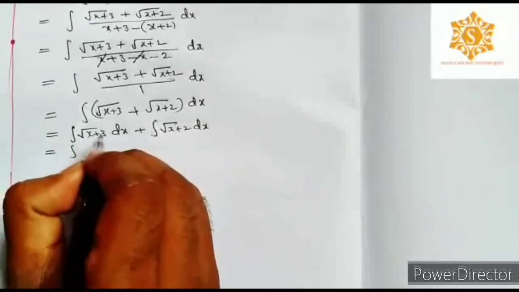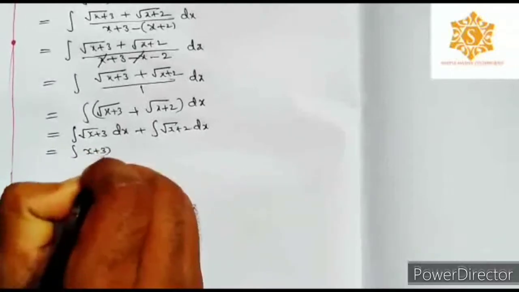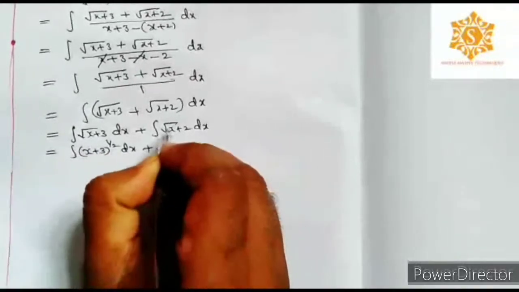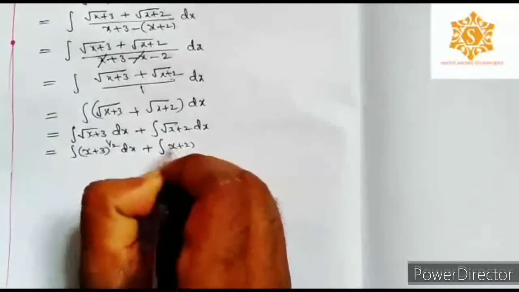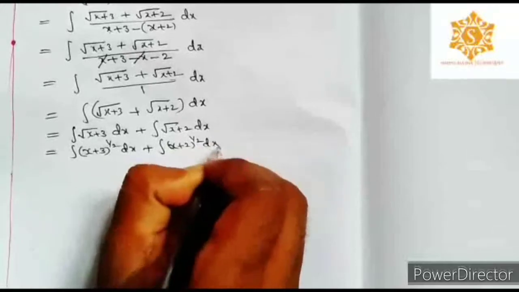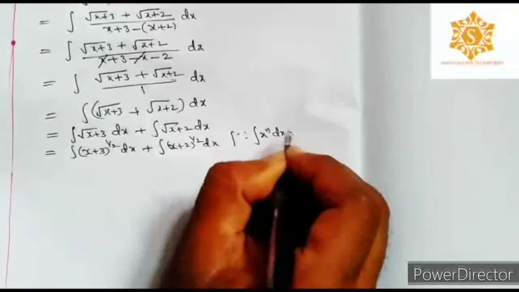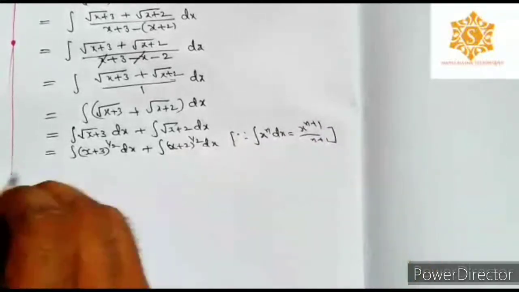Here the exponential form of root of x plus 3 is x plus 3 whole power 1 by 2 into dx plus integration of the exponential form of square root of x plus 2 is x plus 2 whole power 1 by 2 dx. So using the formula integration of x power n dx equals x power n plus 1 by n plus 1.